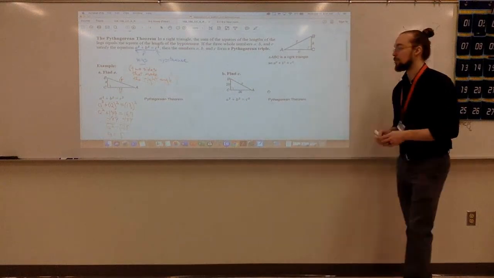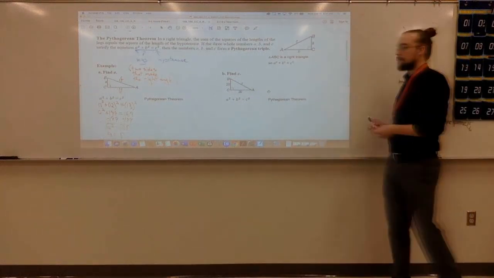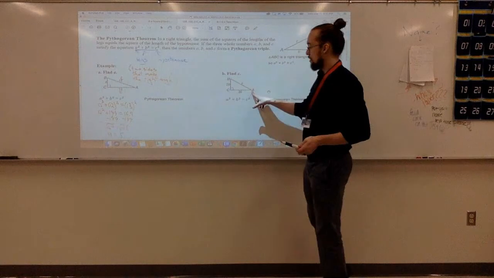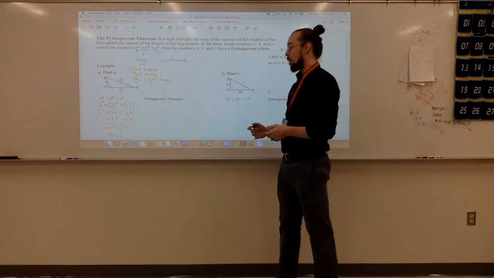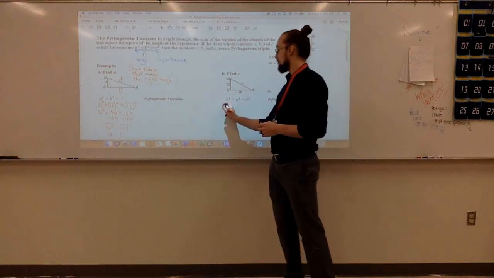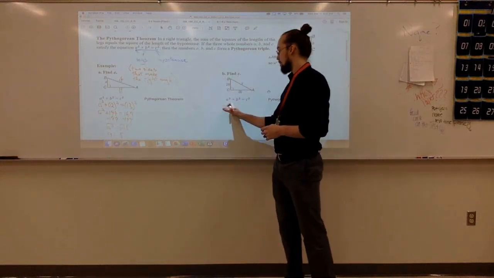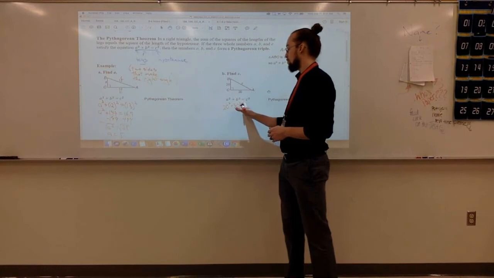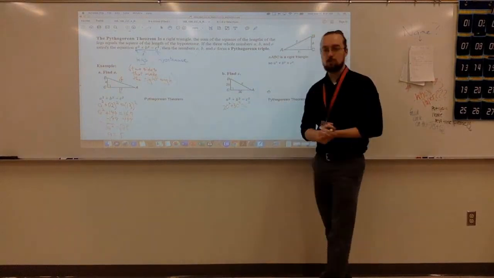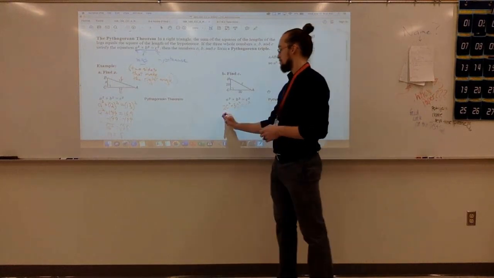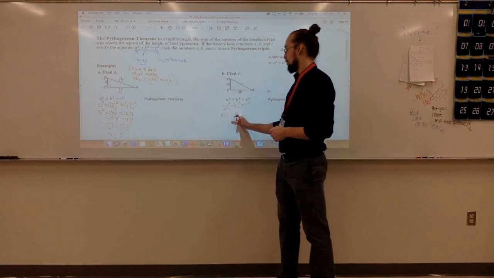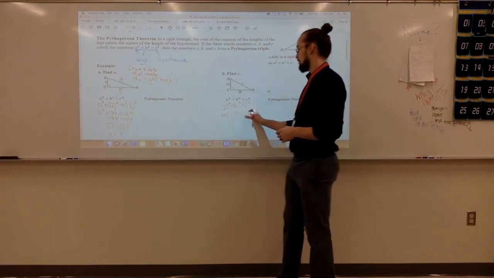Let's do another example. On this one, I'm trying to find the hypotenuse. So 20 and 30 are my two legs. I would set this one up as 20 squared plus 30 squared equals C squared. Square both of these. 20 squared is 400. 30 squared is 900.